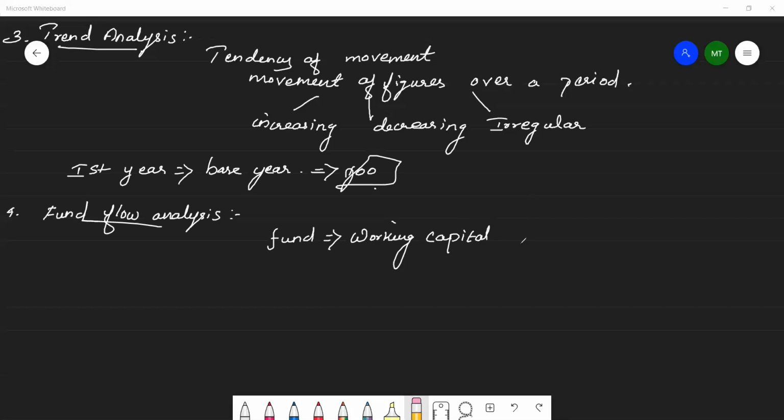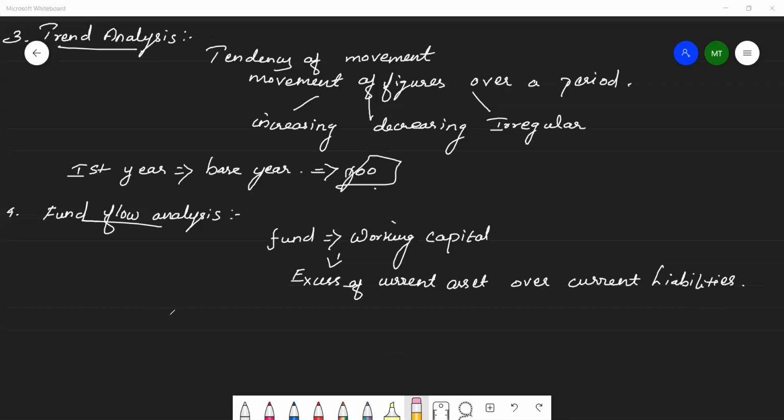Working capital refers to the excess of current assets over current liabilities.